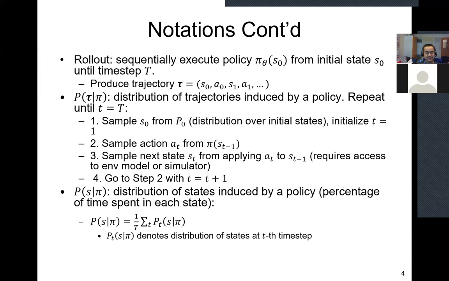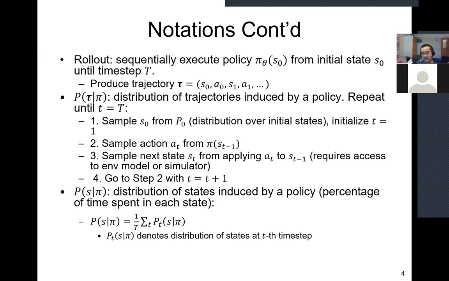And you can define a distribution of states induced by a policy, which is the average percentage of time you spend in each state. P_t given pi is the distribution of states at time step t.